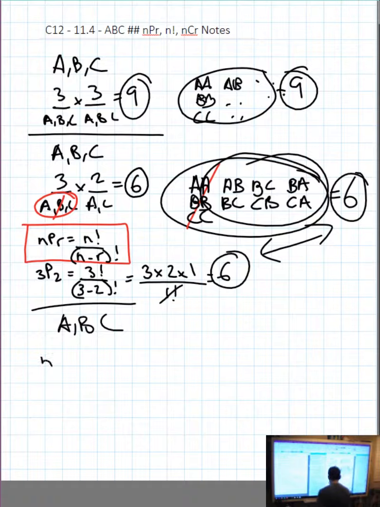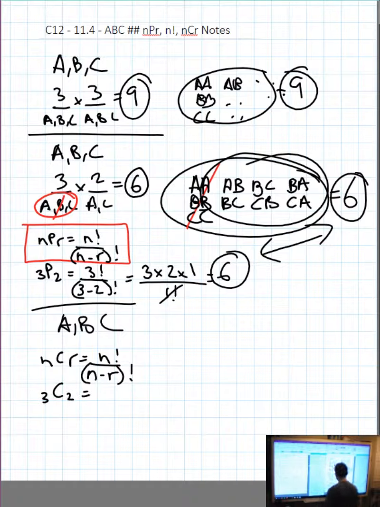And then I'm going to say nCr equals n factorial over n minus r factorial, seen in our notes and on the formula sheet. And I'm choosing 3, 2 at a time. I have forgotten about the r factorial on the bottom of the fraction. Just wrote it above. It's going to happen all the time. Make sure you write your formulas down.